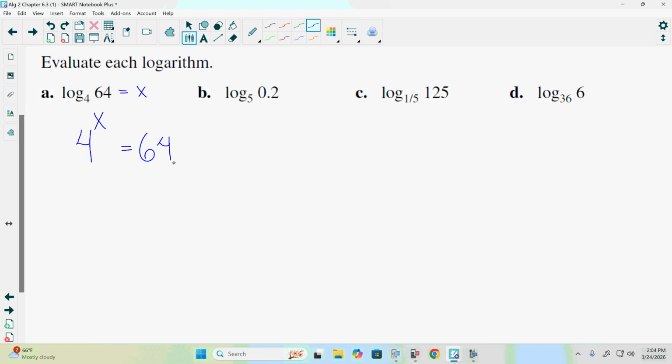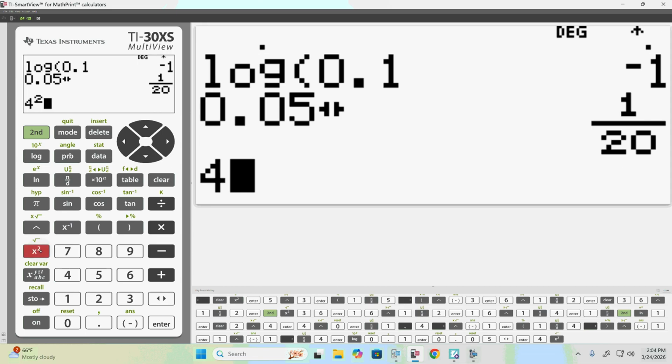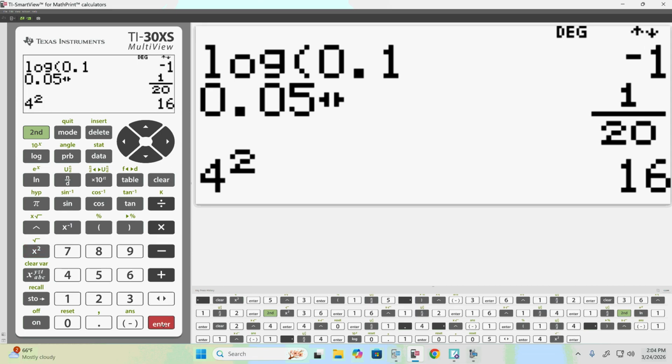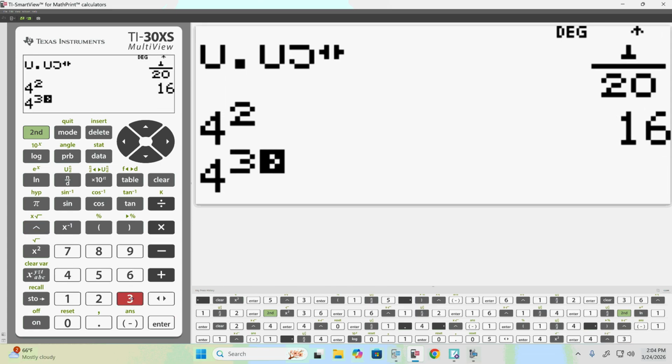So we're trying to figure out how many times we need to multiply 4 by itself to get to 64. So we can try squaring it. So we can say 4 squared is 16. We can try a bigger power. We can try 3.